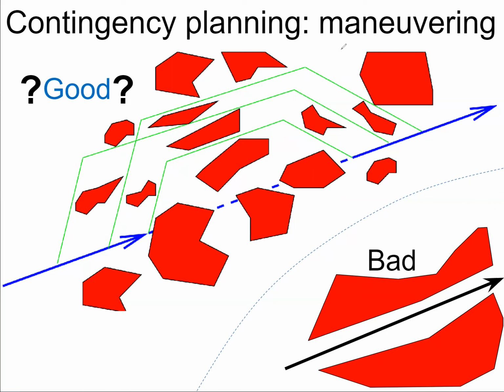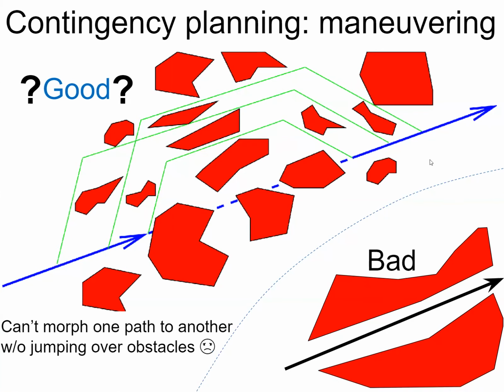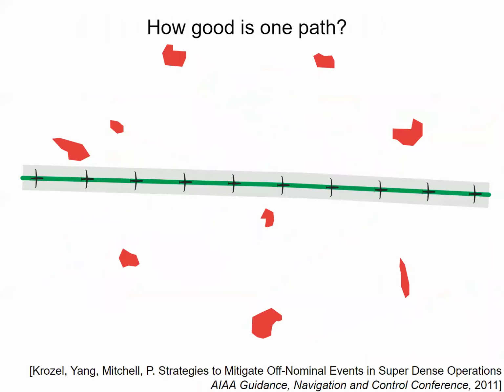So if one path is blocked, then you can change the path and go along another one, homotopically equivalent. If you cannot morph one path to another without jumping over obstacles, then maybe these are not good contingency paths.